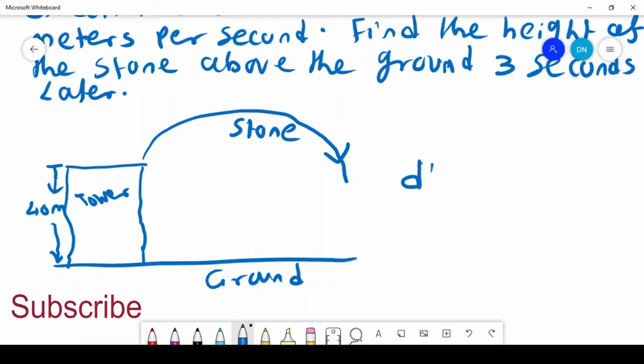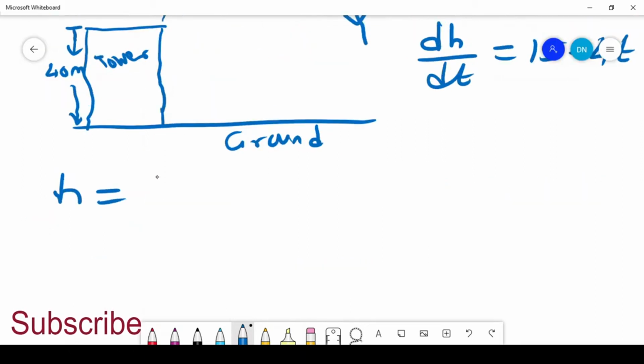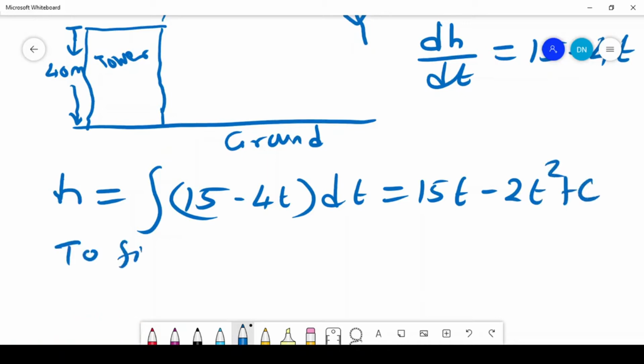What you have been given is the dh/dt, and we are told it's 15 minus 4t. To get h, we take the integral of 15 minus 4t dt, which is 15t minus 2t squared plus c. What do we know?